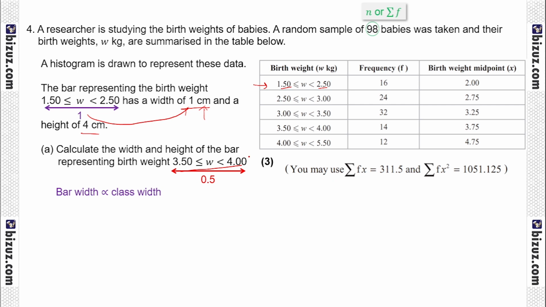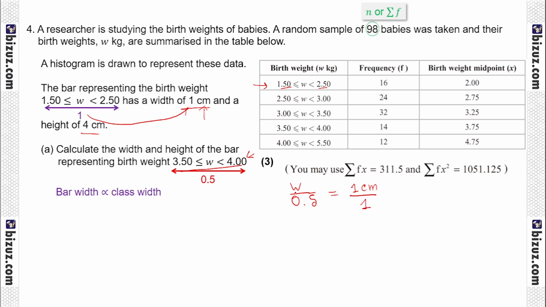So suppose, say, we need to find the width here. So let W be the bar width here. That divided by the class width has to be this ratio. If we evaluate it for any other bar, it has to be the same as that. So that's the rule of proportionality. So this has to be equal to the bar width of this class, which is 1 centimeter, divided by the class width of this bar, which is 1.